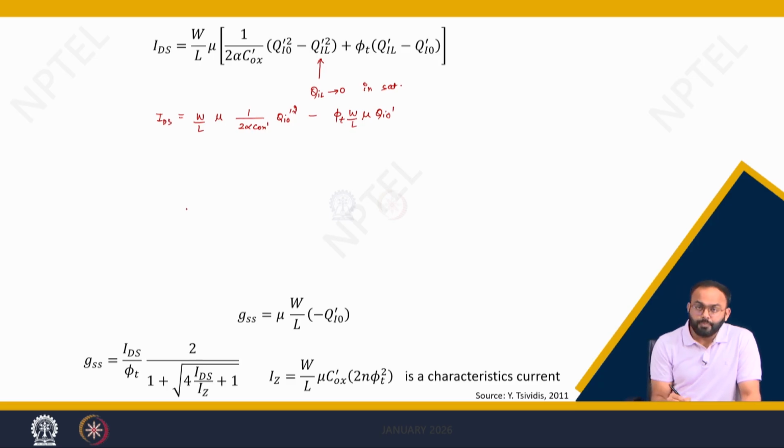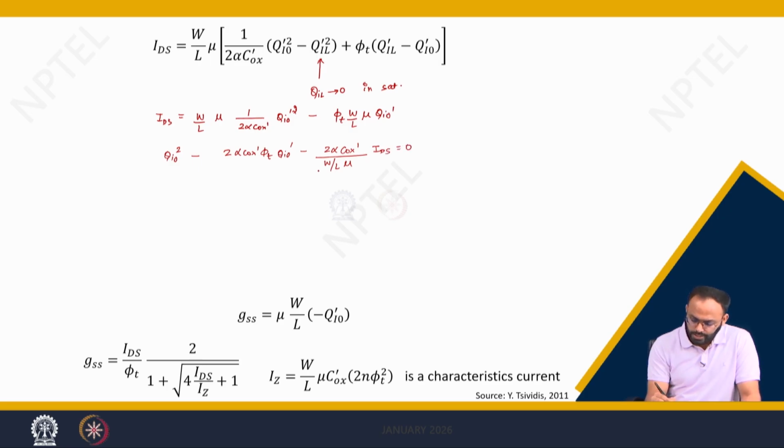Let's solve for QI dash. So QI dash 0 square minus 2 alpha COX dash into phi t into QI dash 0, minus 2 alpha COX dash divided by W by L into mu into IDS, is equal to 0.